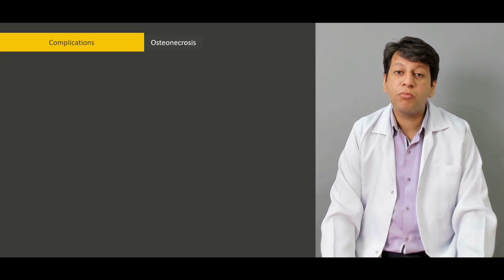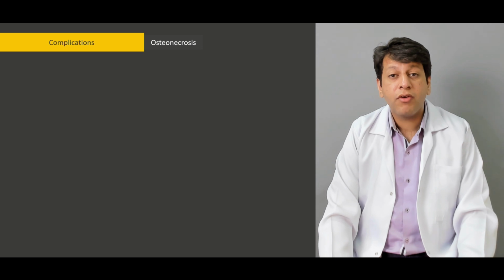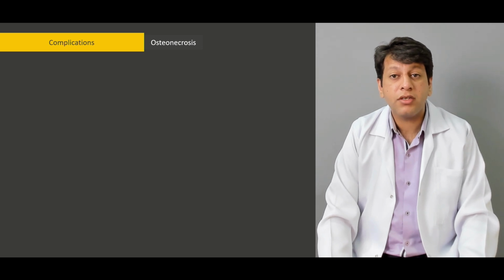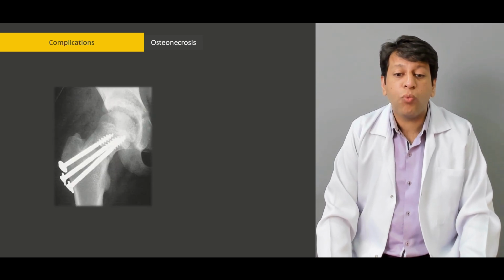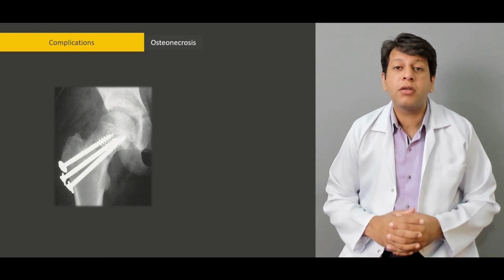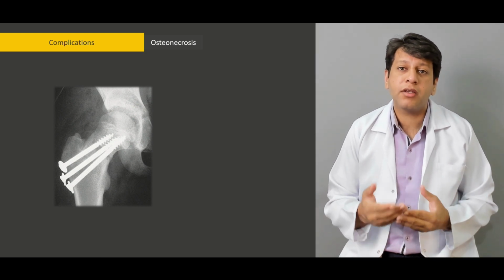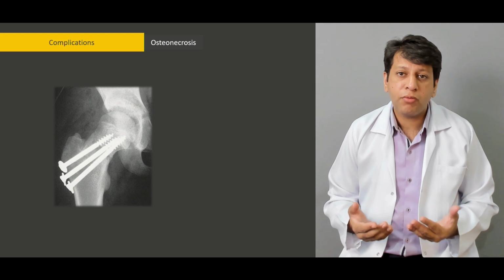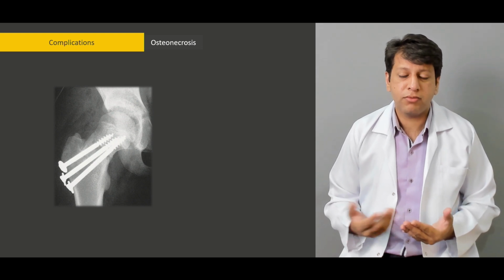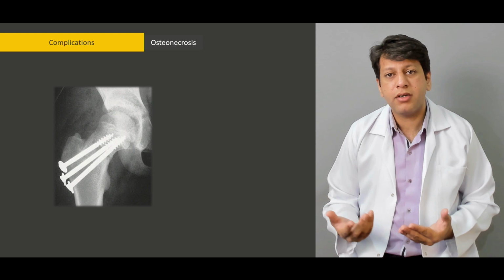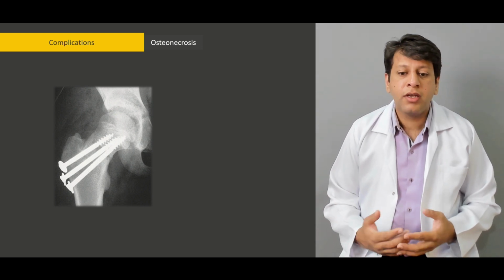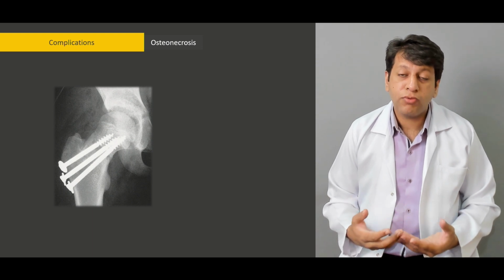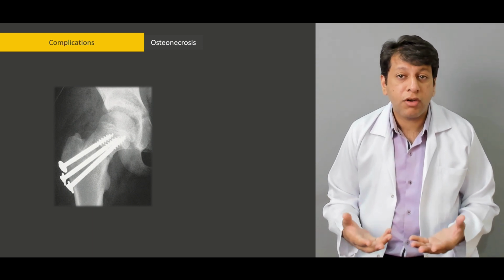The foremost and most dreaded complication, for example in fractures in young adults, children or the teenage population, is osteonecrosis of the femoral head. Why do we need to worry about it? Because let's say an 18 or 20-year-old young girl had some form of RTA resulting in a neck of femur fracture, and as you need to save the head, you went in with internal fixation with cannulated screws.